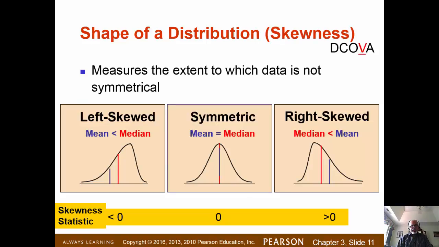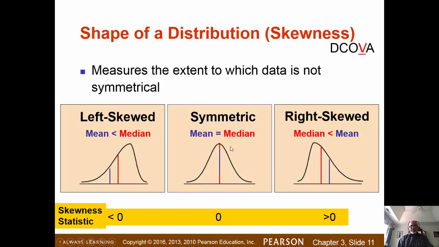So here there is a skew to the left on the lower side. Here this is the median and here is the mean, shifting towards the tail. So that means there is a left skew. The skewness statistic will be a negative number.